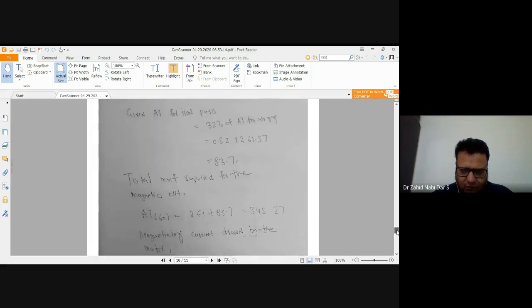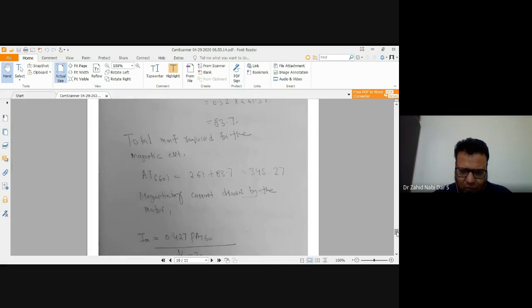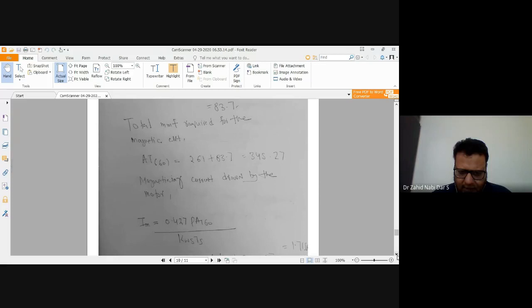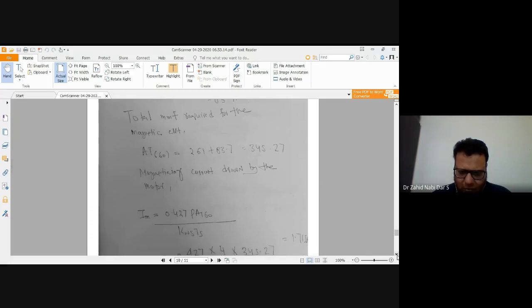Magnetizing current. You know that the magnetizing current drawn by the motor is given as 0.427 into number of poles into ampere turns per pole. This you have calculated, this is 345.27, and the number of poles you know, 4. Another thing is your KWs, you know how much it is.